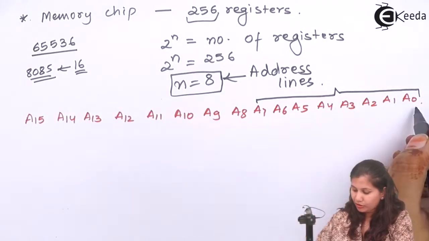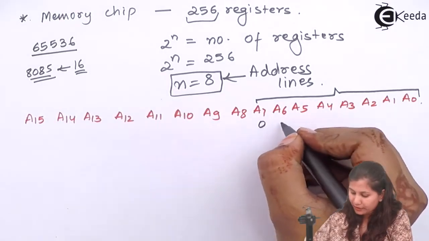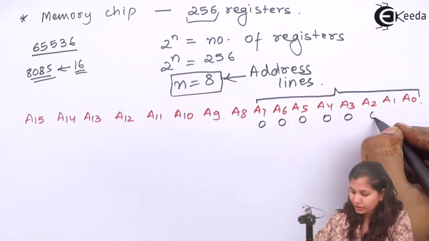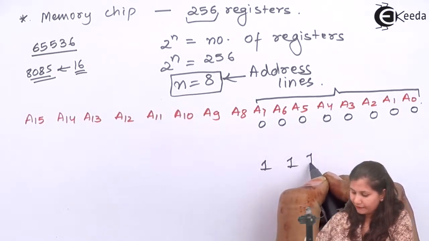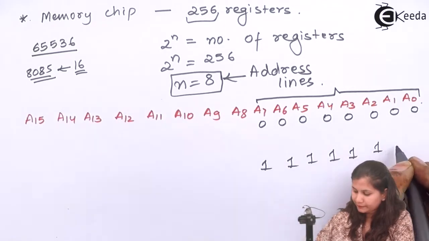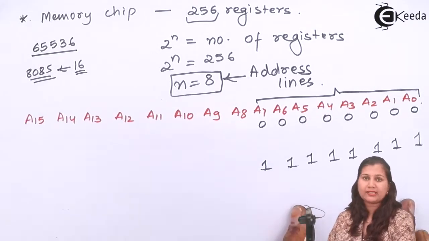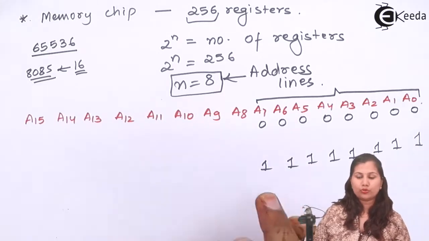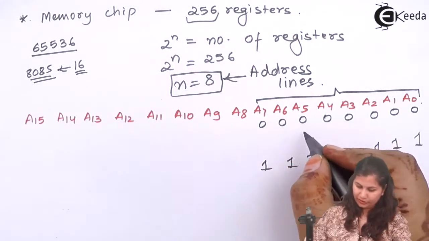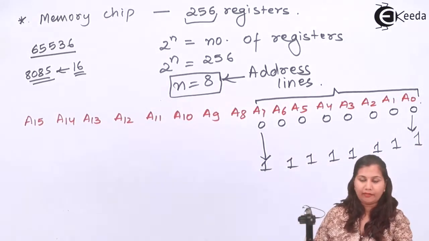They can have 0 or 1. The first address will be when all are 0, and the last address will be when all are 1. These are the 256 combinations of 0 and 1 which can be used to address these 256 registers.